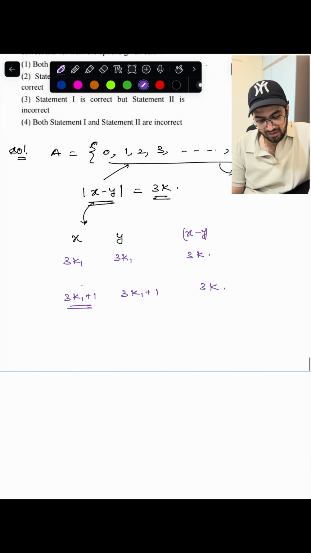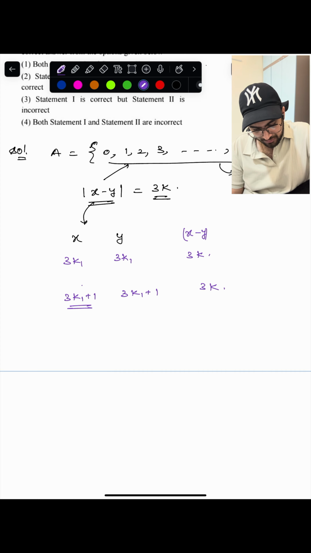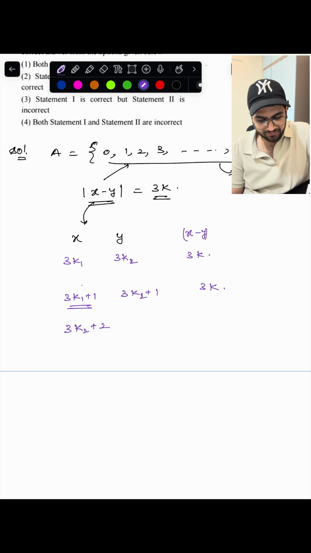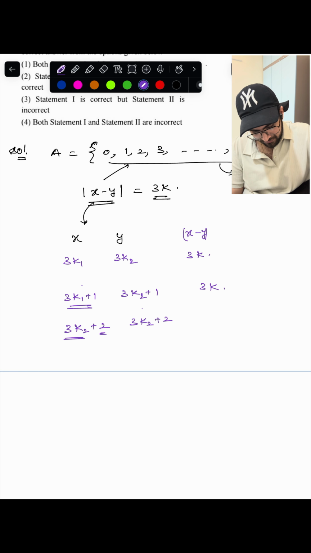Another format: if divided by 3 it leaves remainder 2, and if I take this one also the same, the difference is again a 3 multiple.